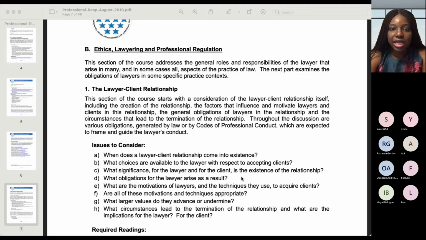So I would say naturally, if you're looking at contract law, you would say that the lawyer-client relationship started or was initiated at the signing of, like Laya said, offer and acceptance, the signing of a retainer.